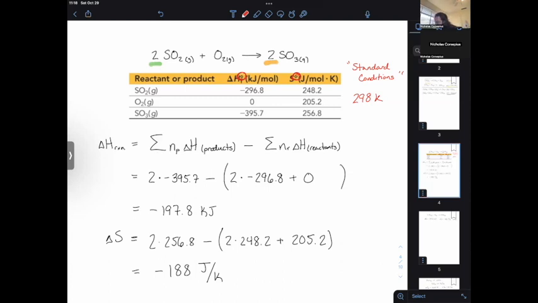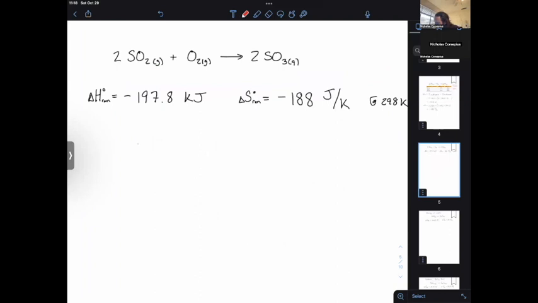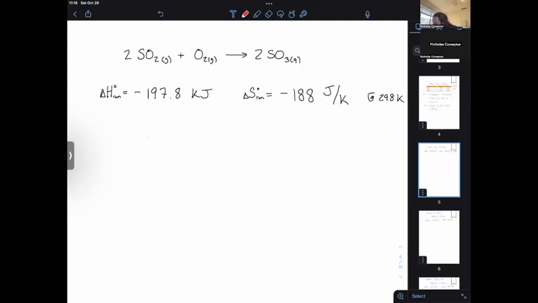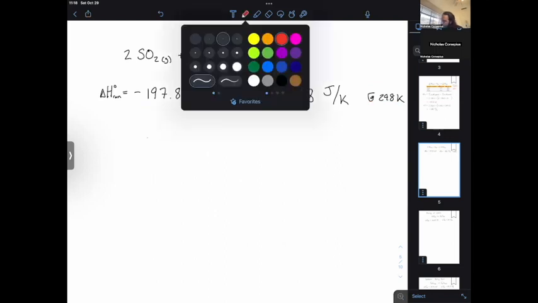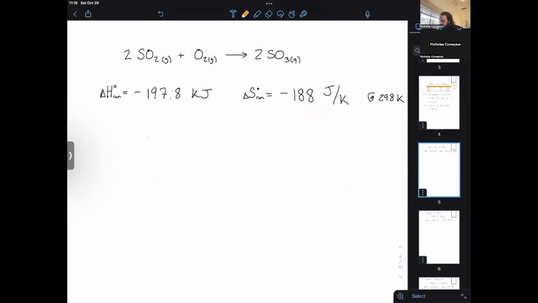So first of all, let's just take a look at our results here. This is our reaction, and this is what we got for our delta H and our delta S, remembering that this is at 298 Kelvin. Looking at this delta H, we can conclude that this is an exothermic reaction because the delta H is negative, which is, from the universe's standpoint, good, right?